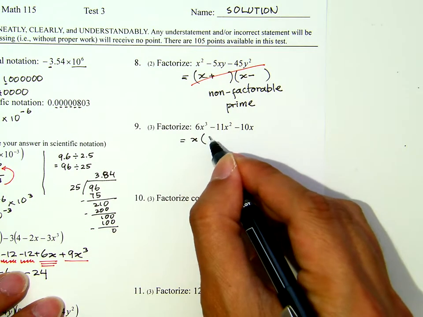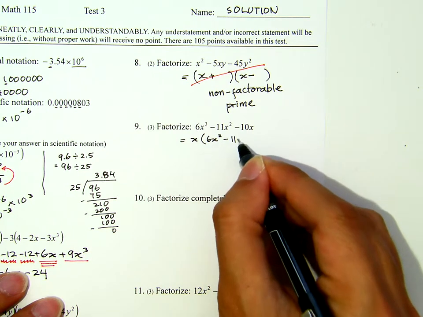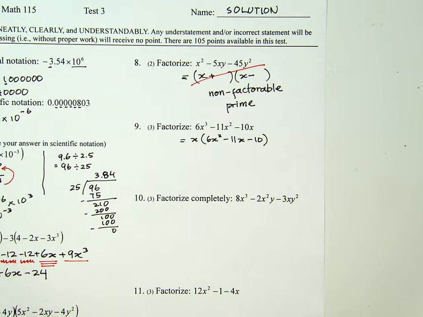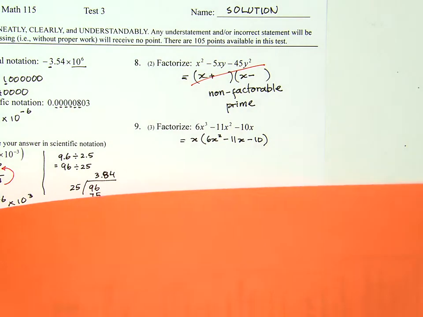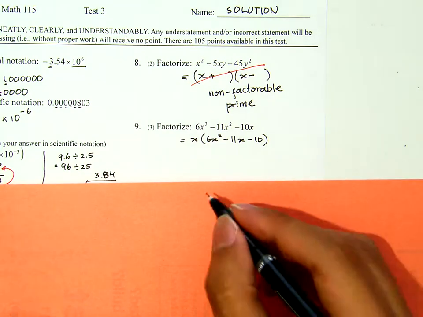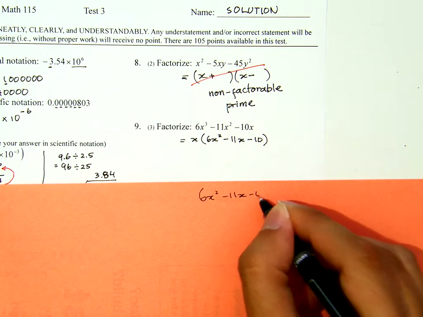Let me take it out. So I have x times 6x squared minus 11x minus 10. Now our issue is, can we factorize this, the one in the grouping symbol, even further? Now the way we will do it, let's see. 6x squared minus 11x minus 10.